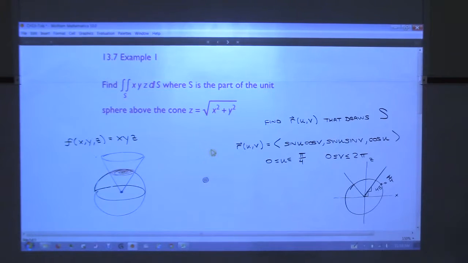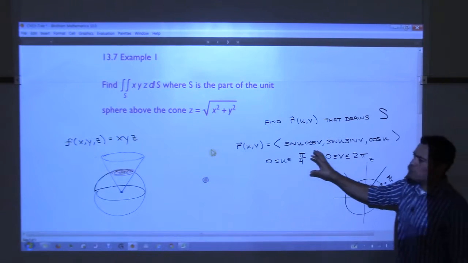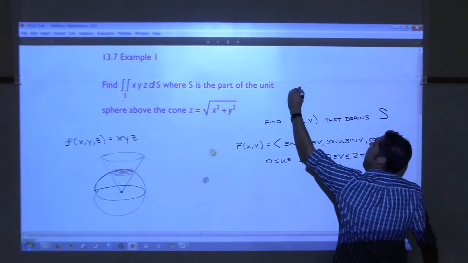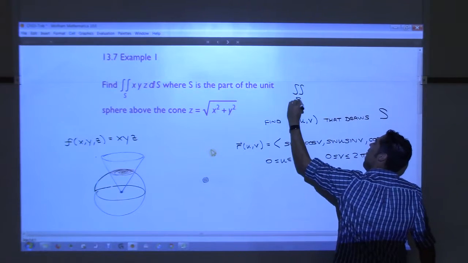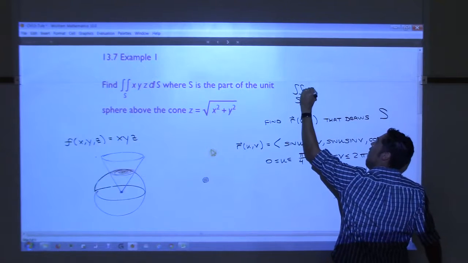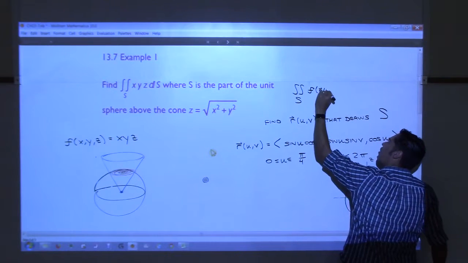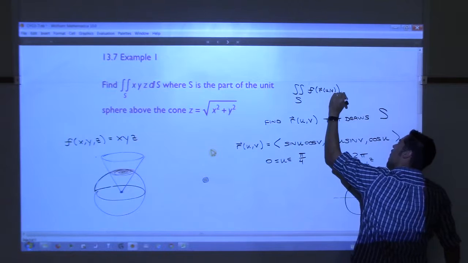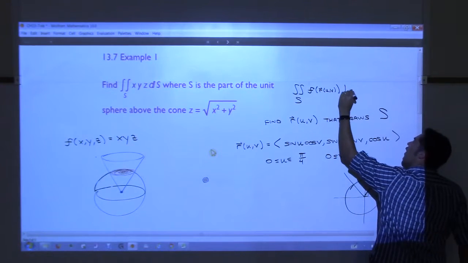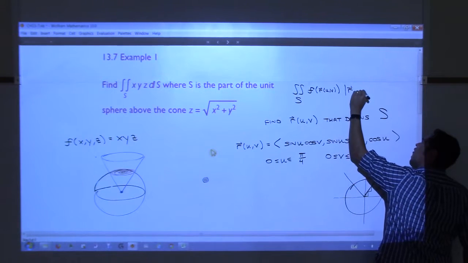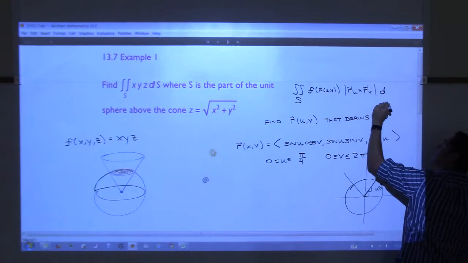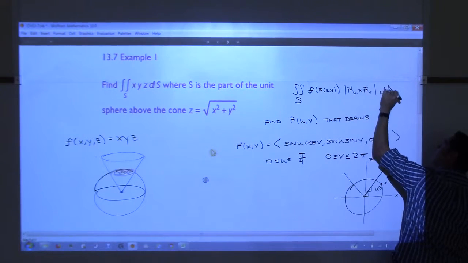All right, questions? We have the vector function that draws the surface. What we're trying to do is the double integral over S of f evaluated at r of u, v, and then the absolute value of r sub u cross r sub v, dA.